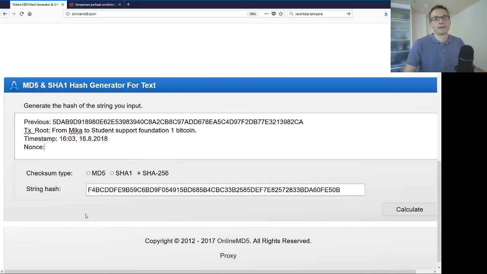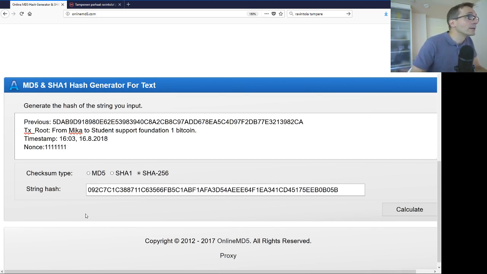Let's see if we can find 1 zero or 2 zeros. Let's see how far we can go. Okay, there was 1 zero. So it took us 7 attempts to find a hash that starts with 1 zero. Now let's go for 2. Now this might take a bit longer.